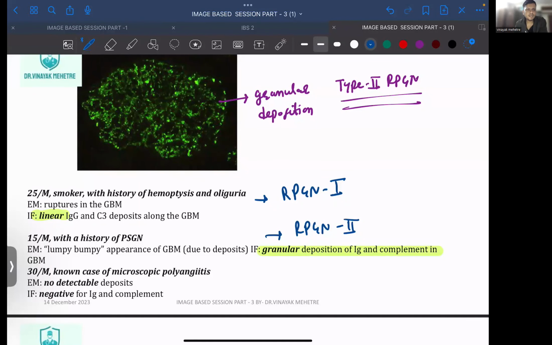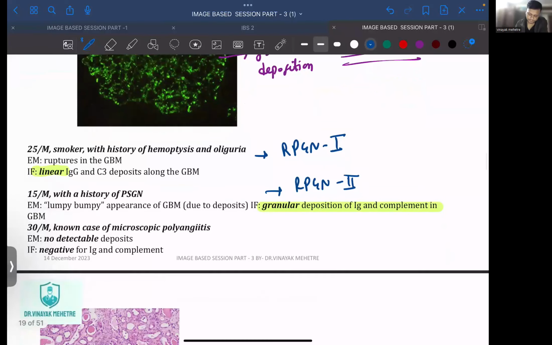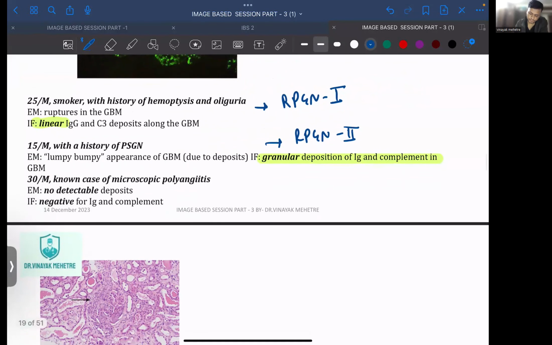And as I said, in type 3 RPGN, what are we going to see? No deposition. Okay, type 3 RPGN. Got it?